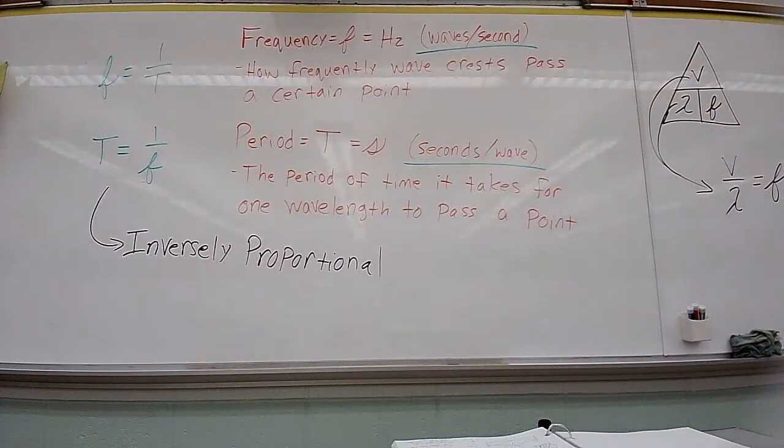So if my frequency remains the same and my wave speed goes up, my wavelength has to go up too to compensate for that. So that's why this is directly proportional. As one goes up, the other has to go up too. So that's something that you need to know. Directly proportional is the opposite of inversely proportional.